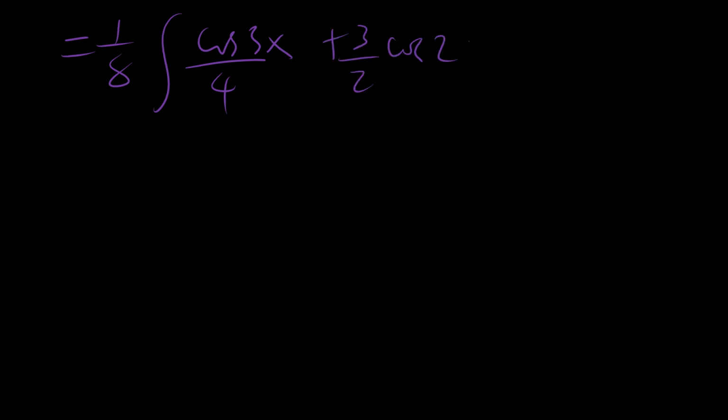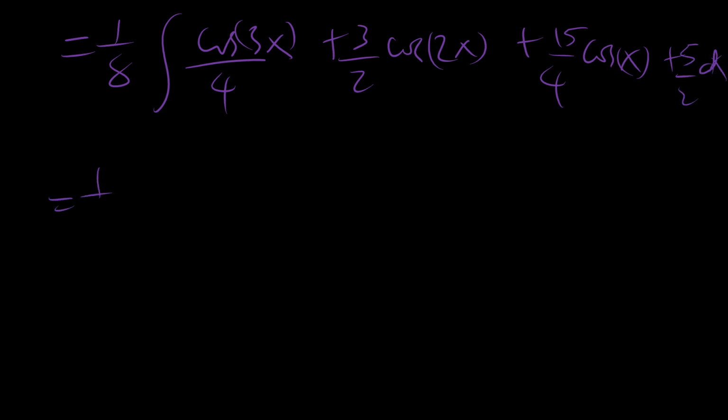Okay, we have our integral as 1/8 times cosine 3x over 4 plus 3 over 2 cosine 2x plus 15 over 4 cosine x plus 5 over 2.